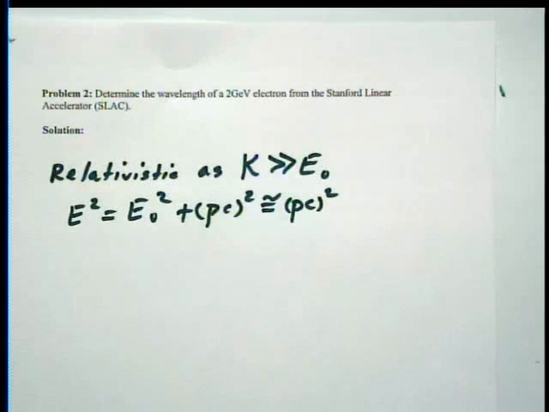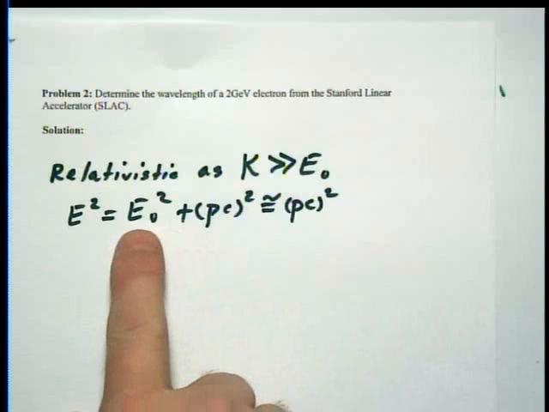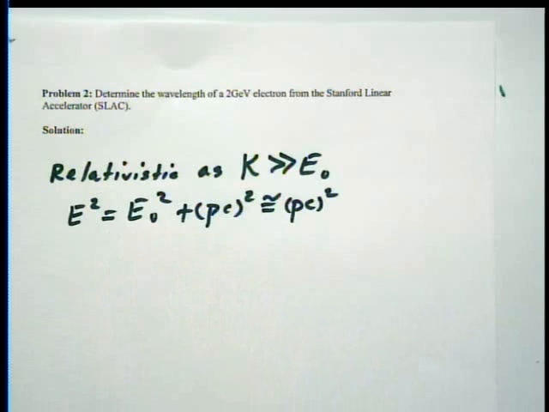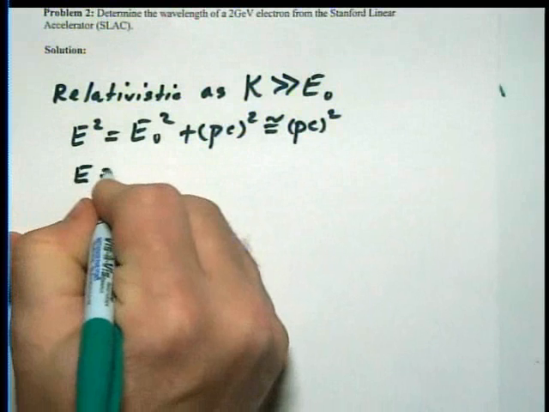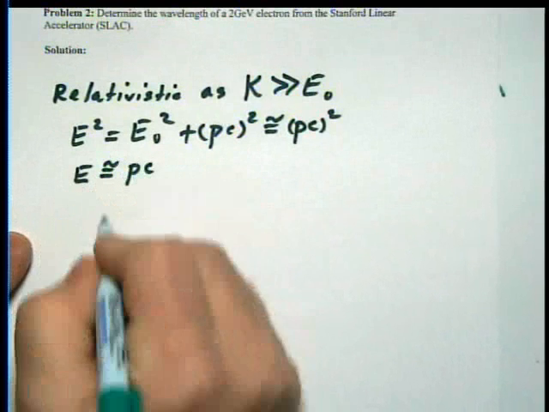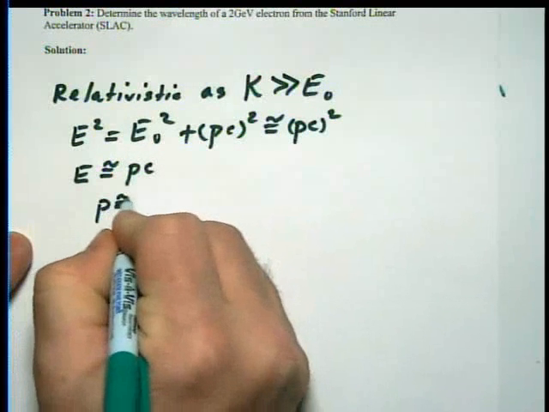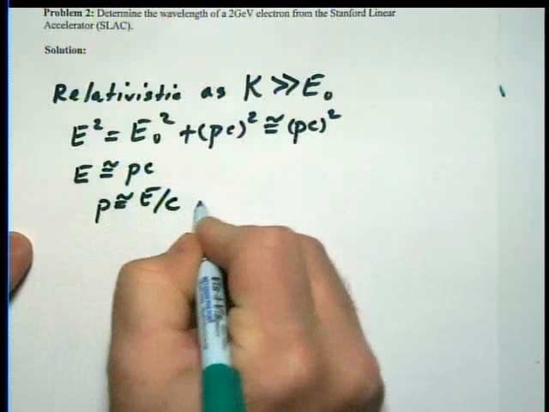That's kind of the way they act. They don't even worry about the difference, because they're always so fast that E naught is irrelevant in their problems. That's really kind of bad to be getting in those habits, but that's what they do. So E is approximately pc, so p is approximately E over c.